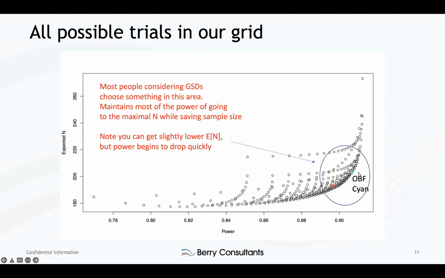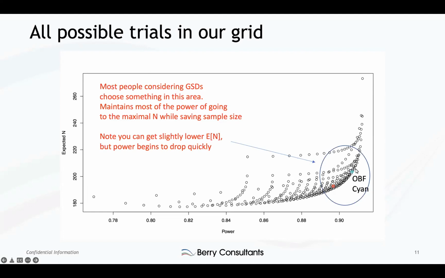And the reasoning most people would use is I want to maintain most of the maximal power. So I don't want to lose a lot of power. I want to be in this area, but I want to try to save a lot of expected N. And you can see early here, we've got the ability to decrease sample size pretty quickly while lowering power.